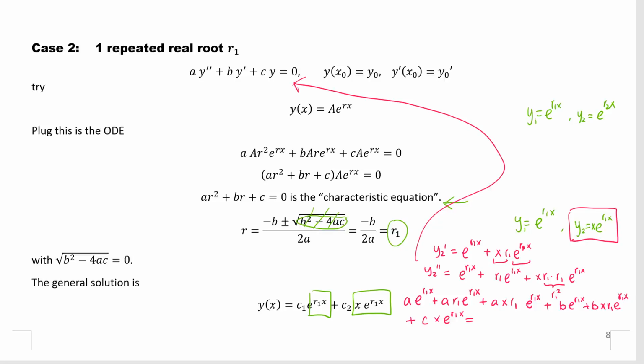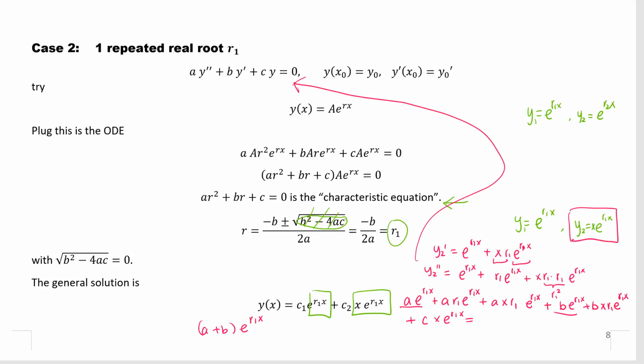The constant term is this guy. Okay, so that is, let me put it down here. The constant term is a e. So let me also combine the like terms. So it's a plus b e to the r1x.